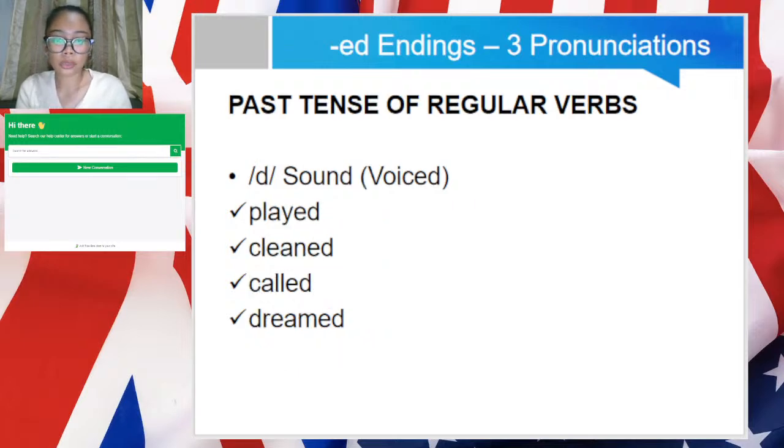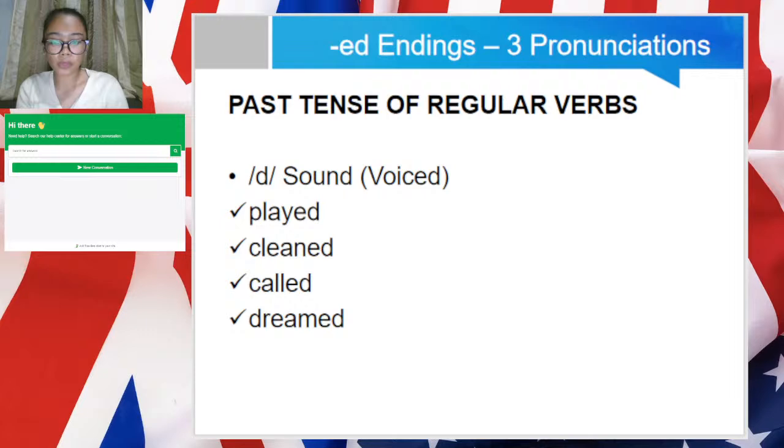Next, rule 2. Well, the second rule is almost the opposite of the first one. Here, if the verb ends in a voiced sound, where you do feel vibration in your throat, or if the verb ends in a vowel sound, then that suffix ed is pronounced as d.